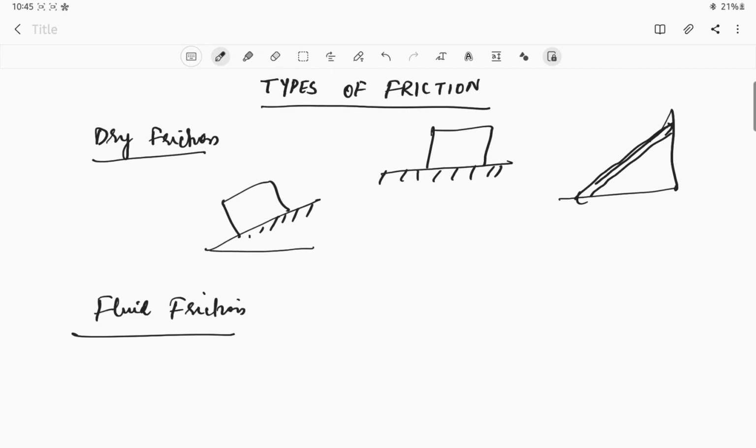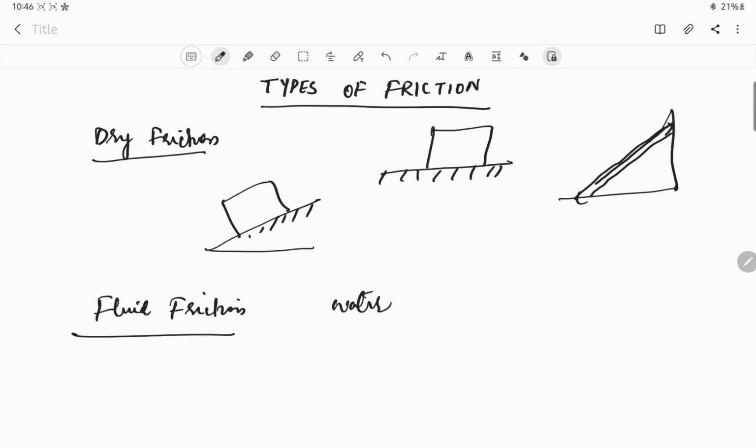Oils have different viscosity, so water will be very liquid when compared to gear oil. Gear oil is again very viscous when compared to engine oil. Different viscosity will be there in these fluids. So one is water.